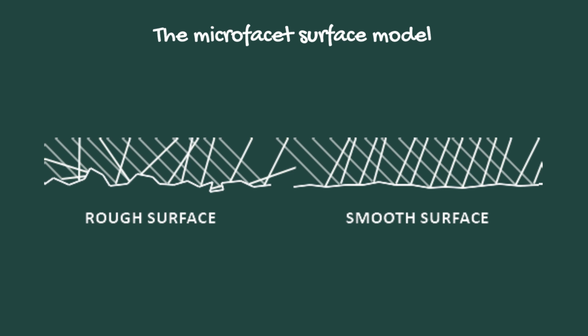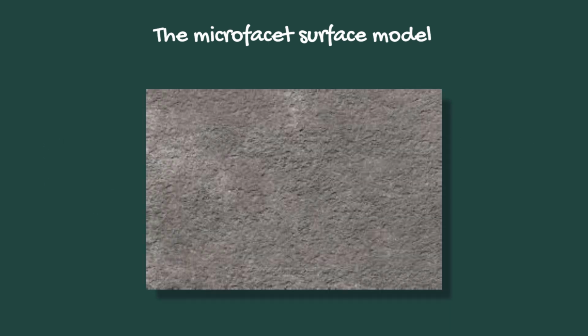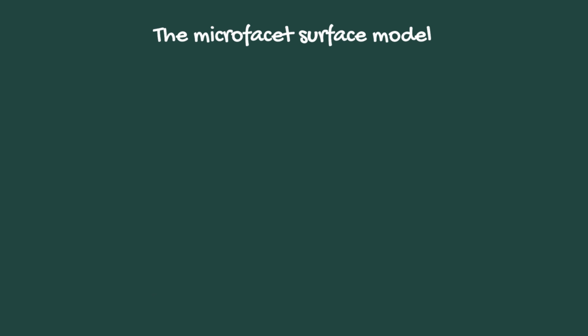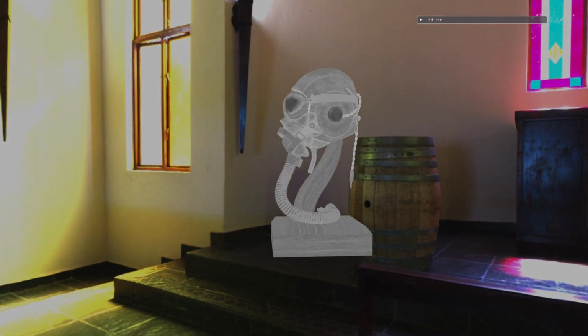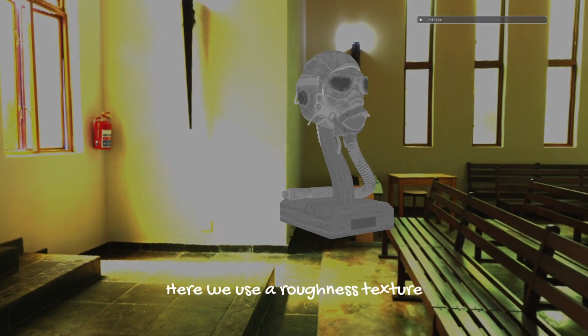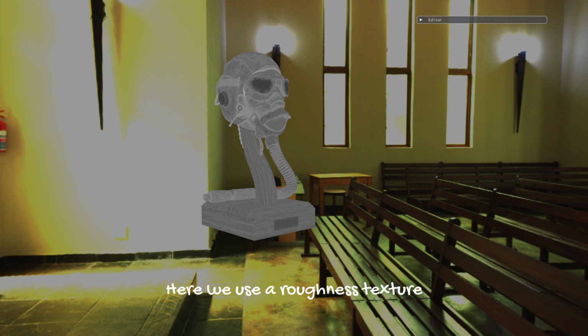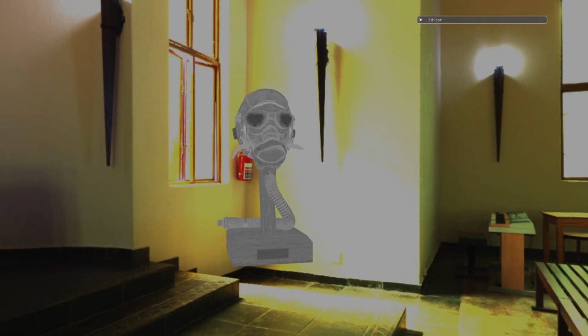On rougher surfaces, these microfacets are aligned more chaotically. The microfacets are small enough that we cannot differentiate them on a pixel-by-pixel basis. Instead, we use a roughness parameter that ranges from 0 to 1 to statistically estimate alignment and roughness of the microfacets.